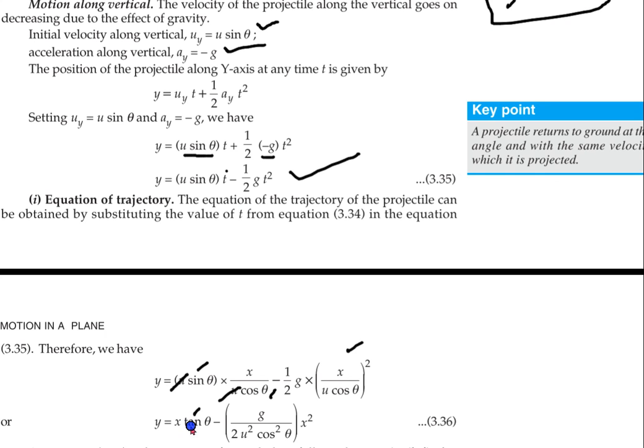So I have x tan theta, minus, and then we'll square all these.